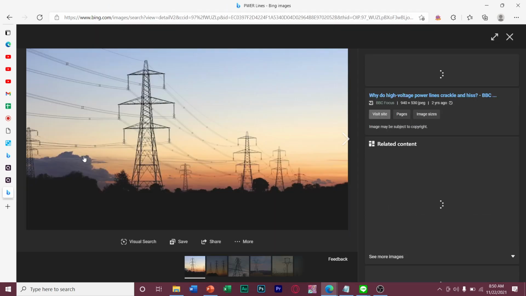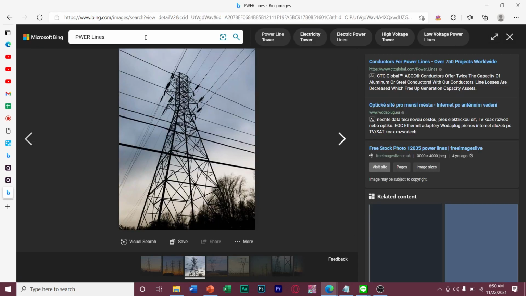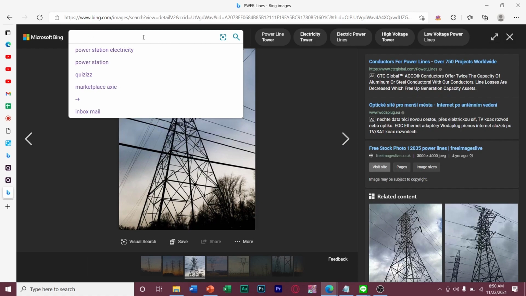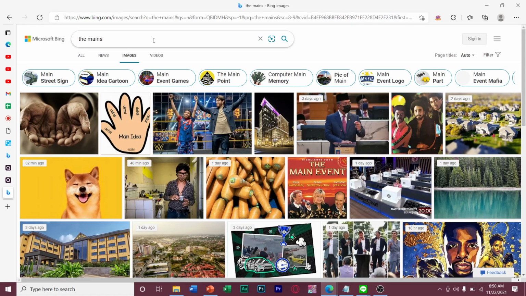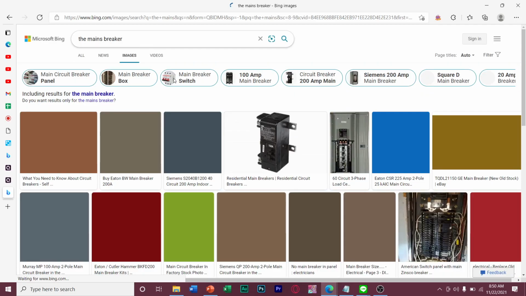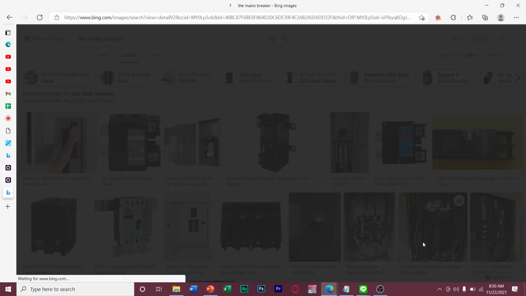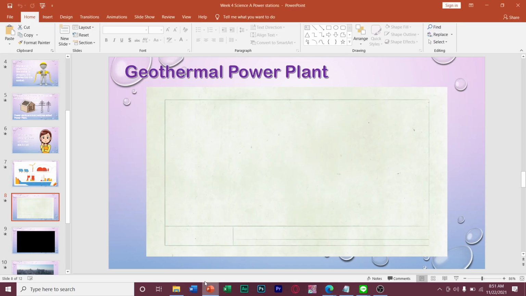So these are the power lines. After the power lines, they bring it to our home, which is what we call the mains or breaker. Okay, wait, not this one. The mains or breaker. From this one, we can use the electricity in our home.